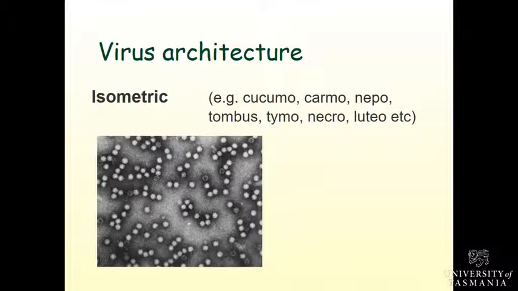Just out of interest, you'll see dark ones and light ones. Does anyone have a thought on why the dark ones are dark? I should say, with electron microscopy, if you remember, you put your virus sample on and then flood it with an electron-dense stain, something like phosphotungstic acid.